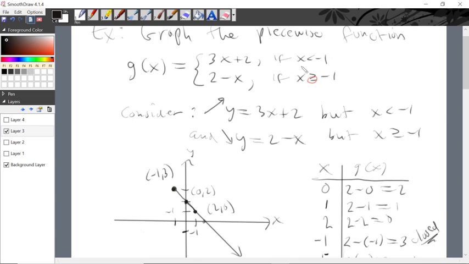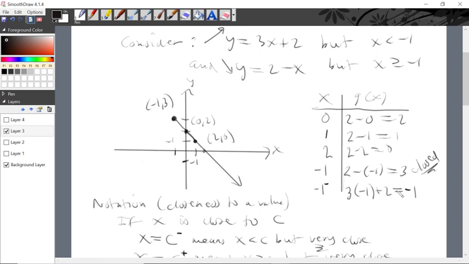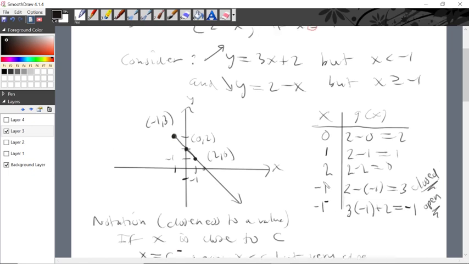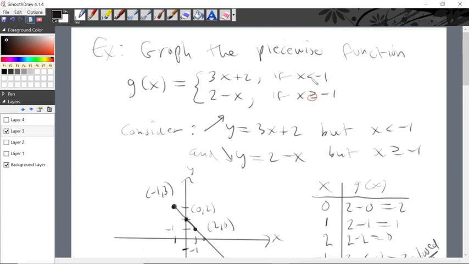But we had to consider values of x that were really close to -1. So this is going to be an open point right here. We're kind of testing both rules at -1, because -1 is the crossover. But one of those two rules will output a closed point, and the other will output an open point for the value when x is equal to -1.